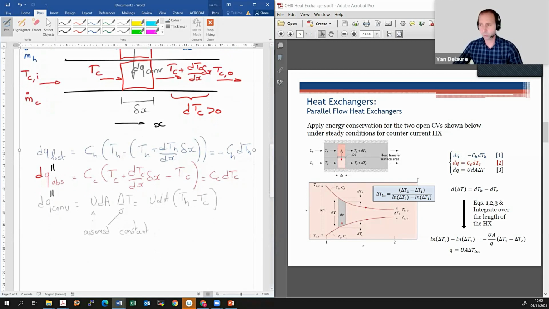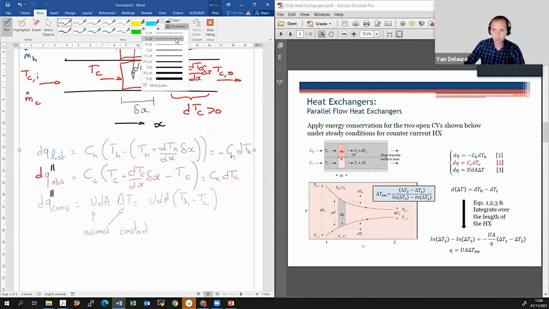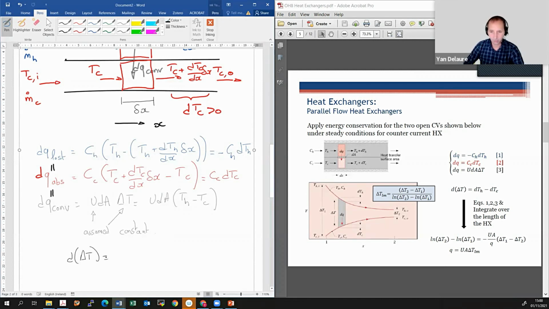So the next step is this equation. We differentiate delta T. It's a mathematical thing we'll do in that case. So I'm going to stick with the black writing now. We start with d of delta T, meaning the differential of the driving temperature difference, which is equal to dT_H minus dT_C, the same as d of T_H minus d of T cold.